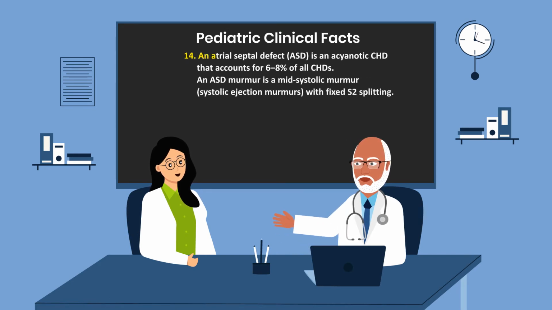An atrial septal defect is an acyanotic congenital heart disease that accounts for 6 to 8% of all congenital heart diseases. An atrial septal defect murmur is a mid-systolic murmur with fixed S2 splitting.